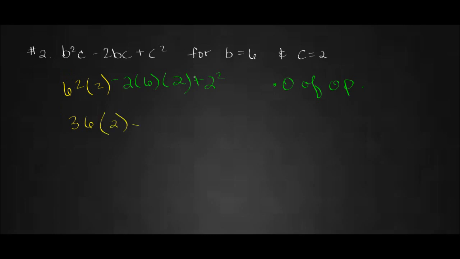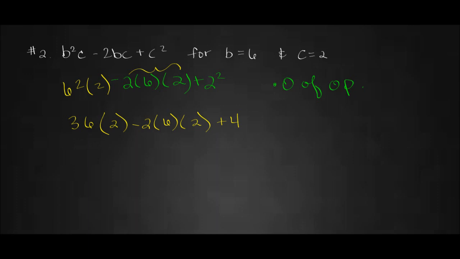Now, this is all multiply, but you'll notice that this is just a single term. So you can leave that alone, or because it's only one term, you can turn it into a negative 24. For this purpose, we're going to leave it as a 2 times 6 times 2. And then the next exponent would become a 4.